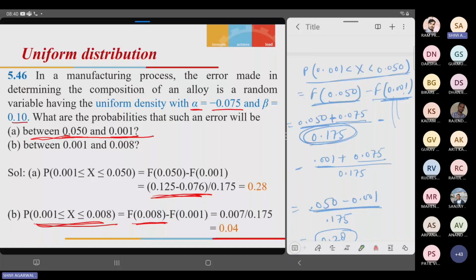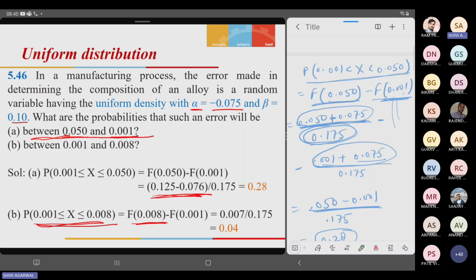On the slide it is coming like this. Just adding this part, it is 0.125 and this is 0.076. Okay, on the slide, I'm just thinking from my notes.